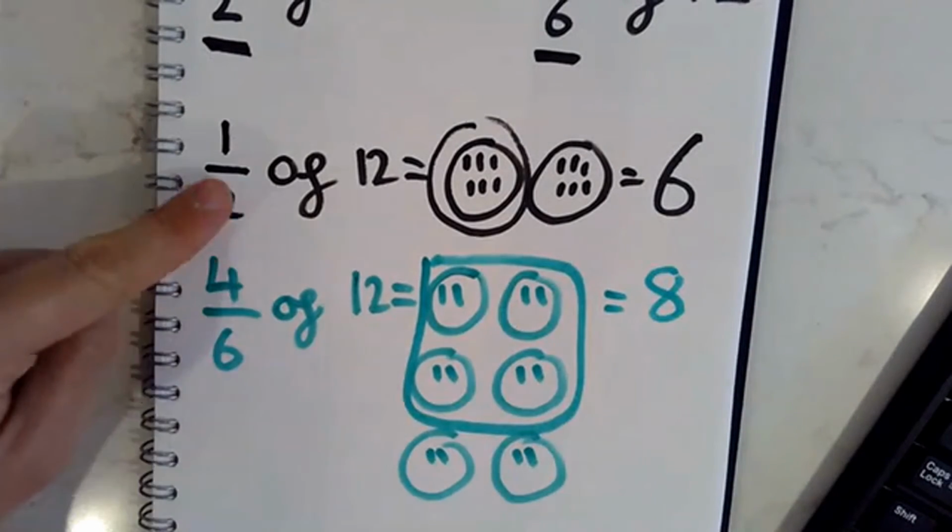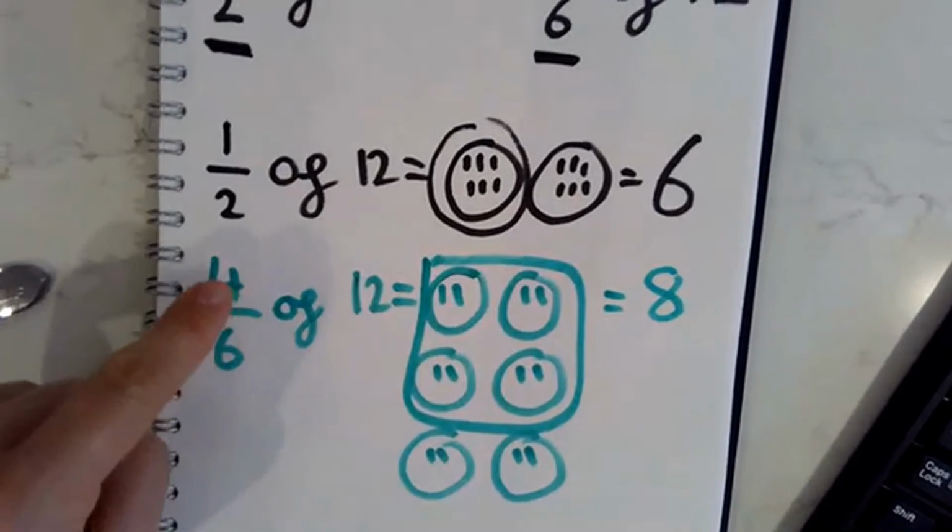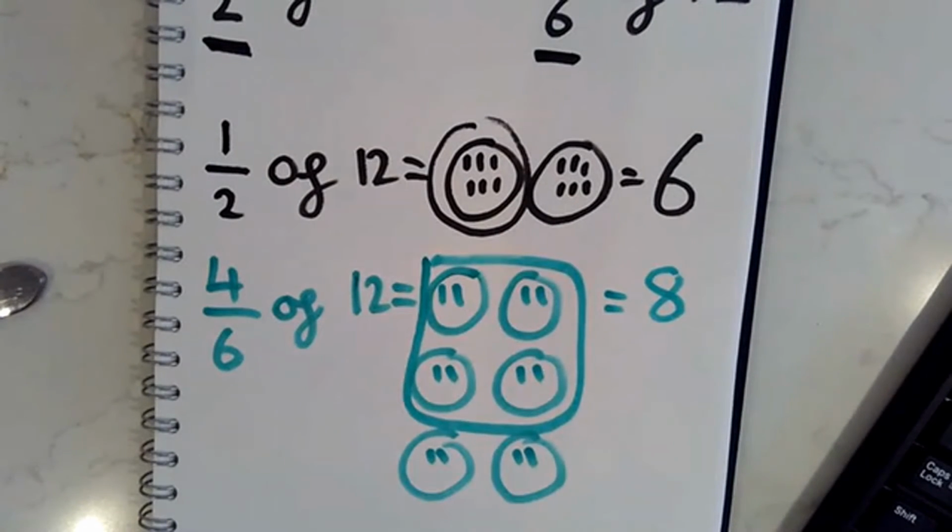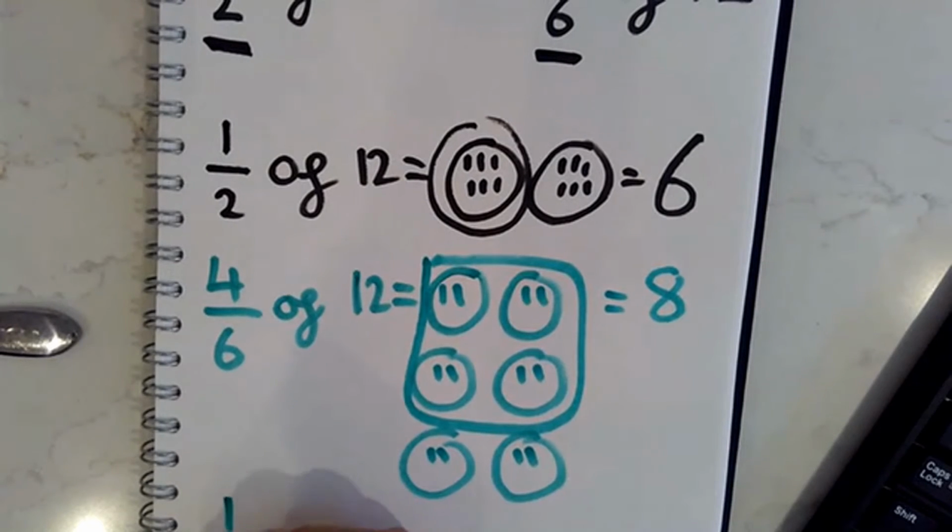Look, 1/2 of 12 gives me 6. 4/6 of 12 equals 8. That means 1/2 and 4/6 are not equivalent.